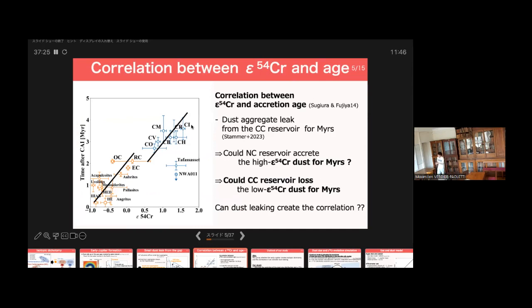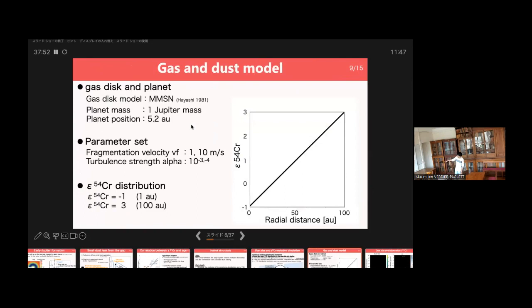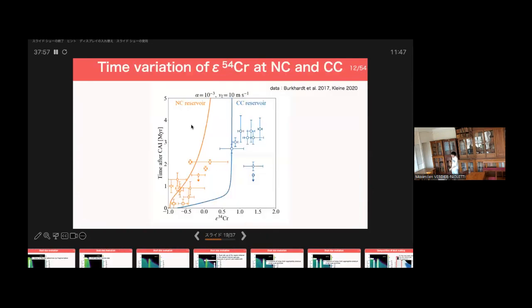You mentioned that in the CC region the lower chromium dust was lost, but usually the lower dust can be lost faster than the higher anomalous dust, right? This part.